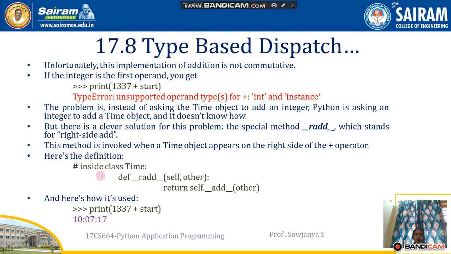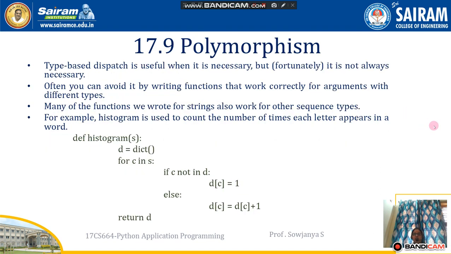Look at this example: define radd(self, other), return self.add(other). Now print(1337 + start) works. Make sure you write the method like this, otherwise you get the unsupported operand type error for int and instance. So that is type-based dispatch. Next one is polymorphism.